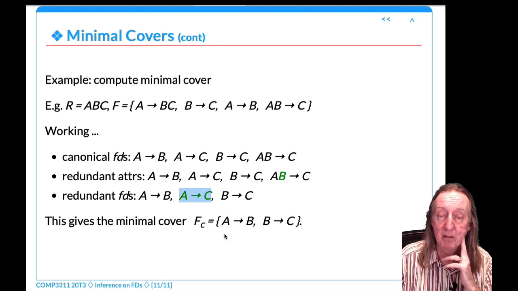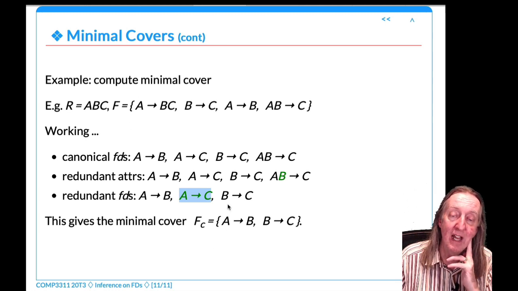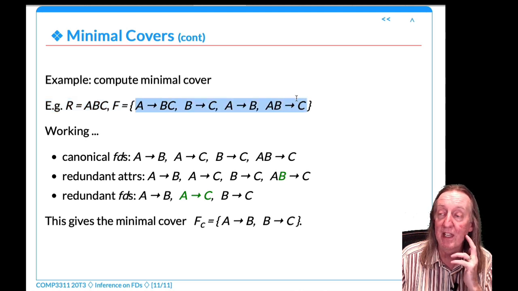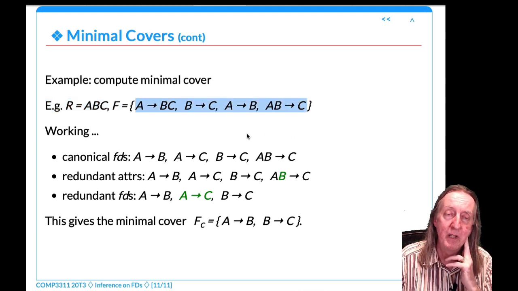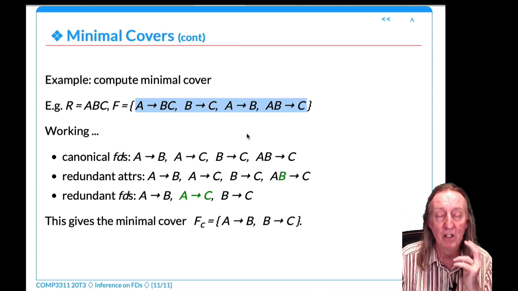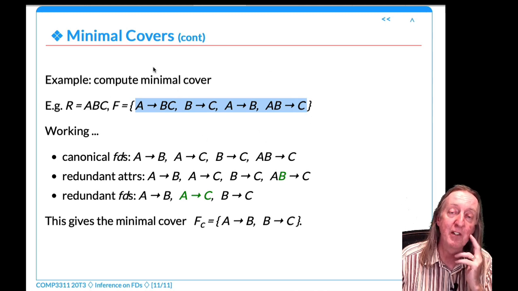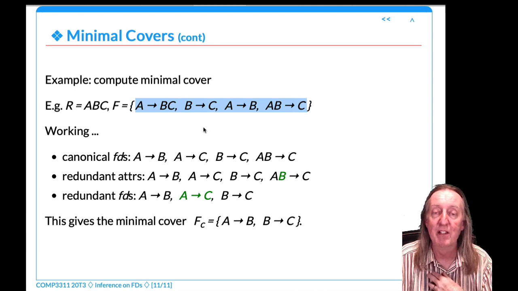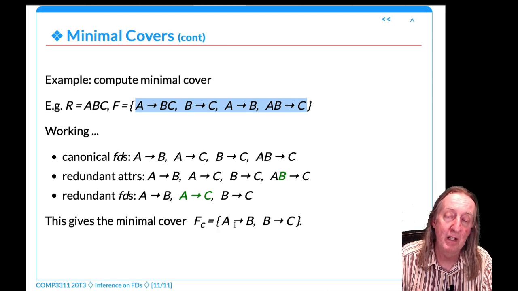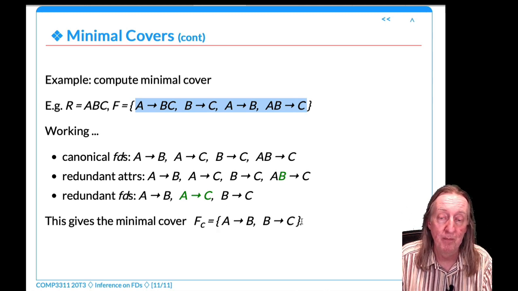So we can finally end up with a minimal cover, A determines B, B determines C, from this original set of functional dependencies. So that's kind of useful, because we started off with a complicated set of FDs and we've ended up with quite a simple one.